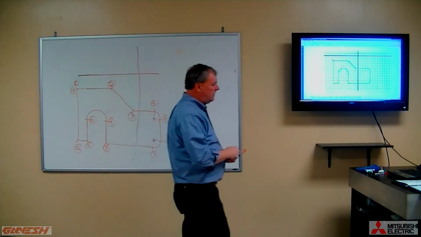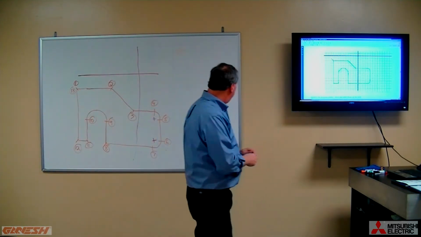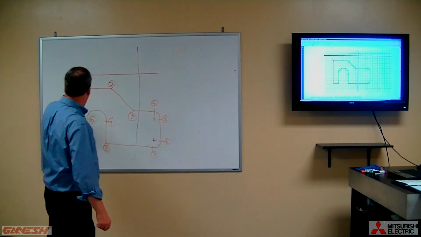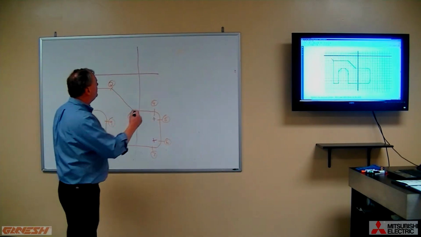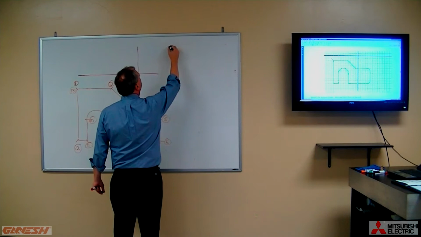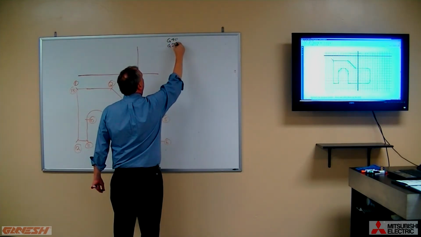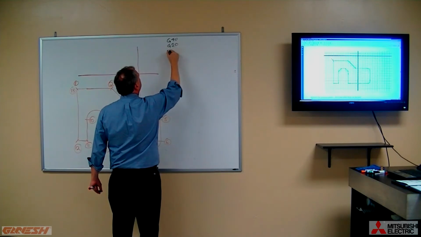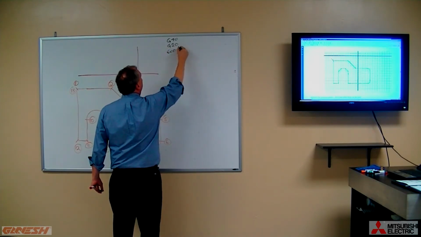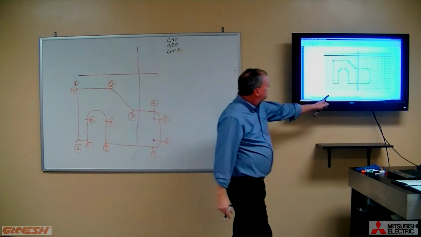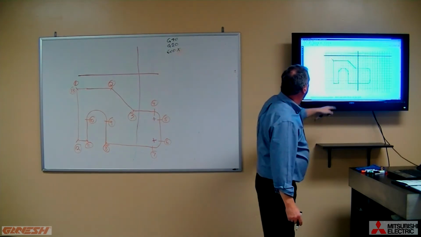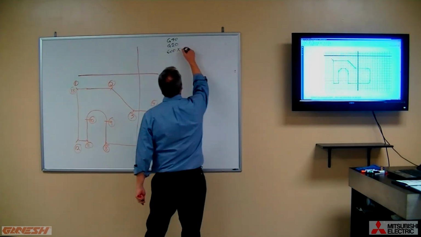So, based on what we know, to get to the first point, we want to do a positioning move. So we'll start off with our standard G90, G20, and now we'll say G0, X minus 10, Y minus 2.